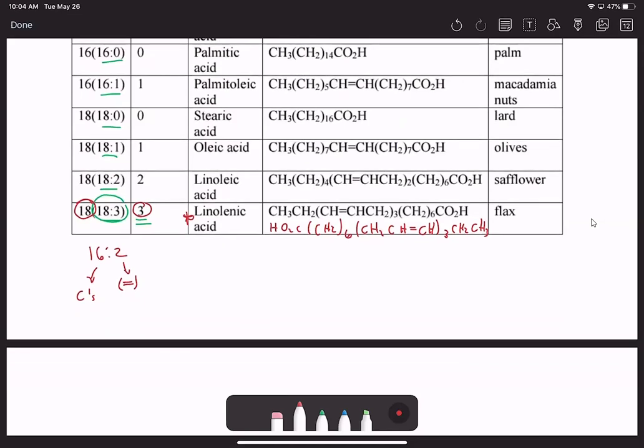And now I'm actually going to draw the structure. When you see this CO2H, that's your carboxylic acid functional group. There it is, CO2H. So I'm going to draw that out.